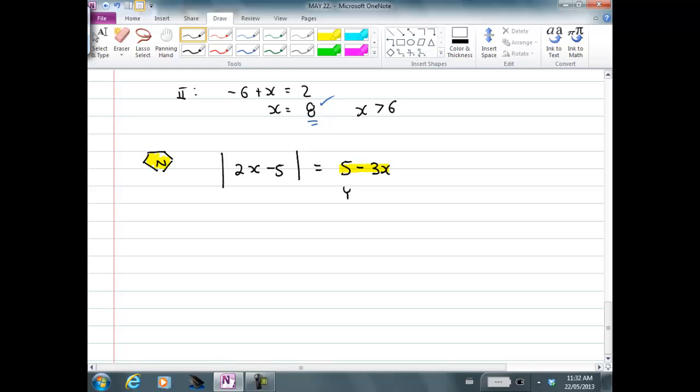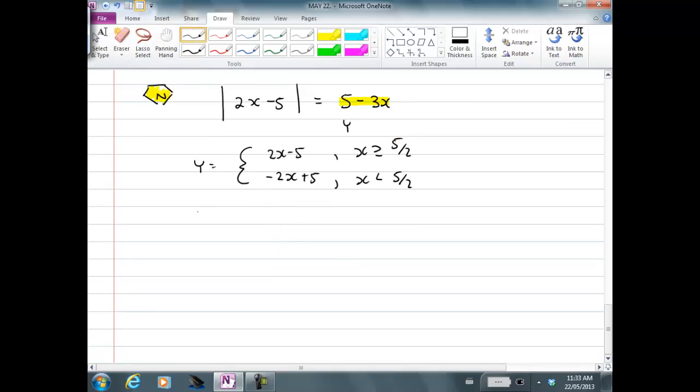So I'm going to create a piecewise function. Y is going to be 2x minus 5, x is greater than or equal to 5 over 2. That's my first one. My second one is negative 2x plus 5, and this is x is less than, sorry, that should be just less than 5 over 2. Once I created that, I'm going to create my two equations.